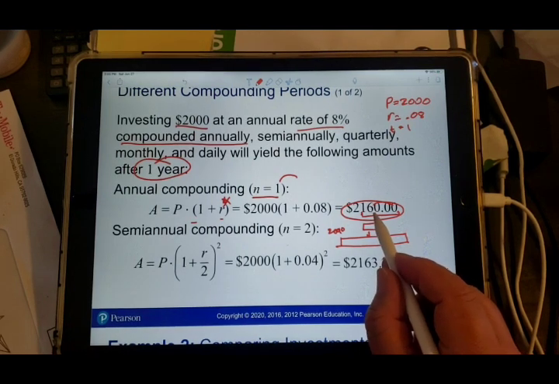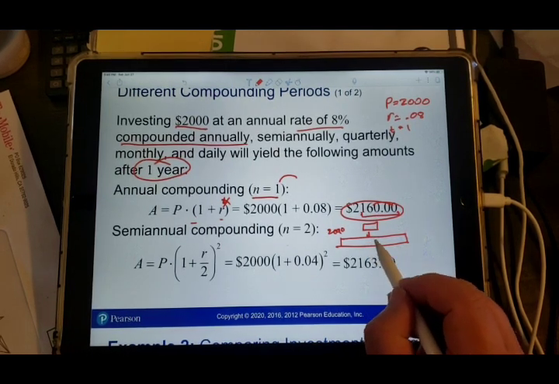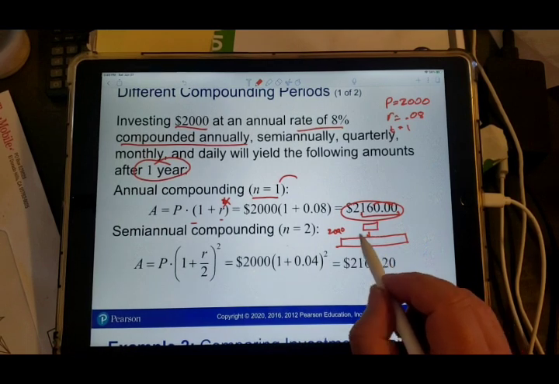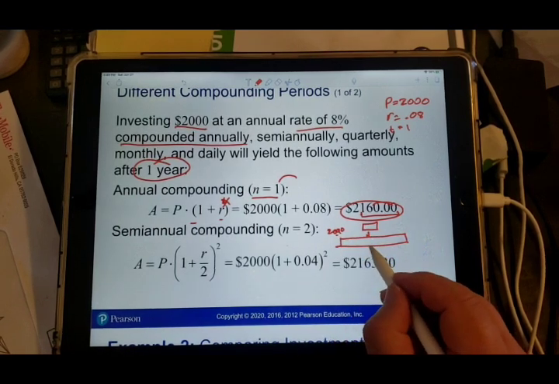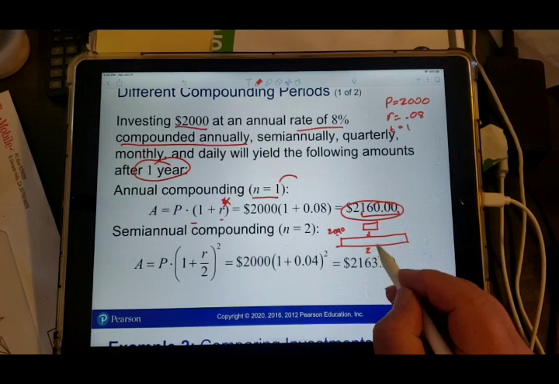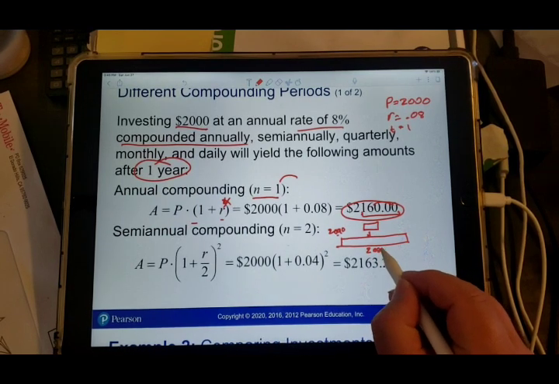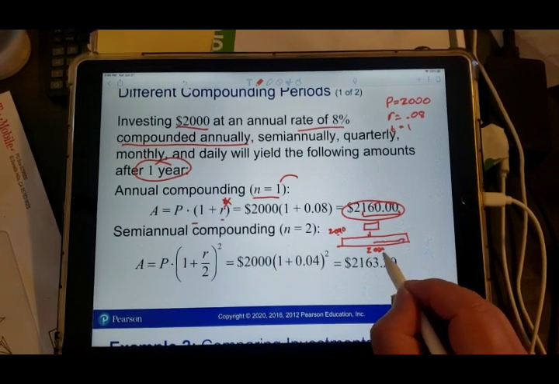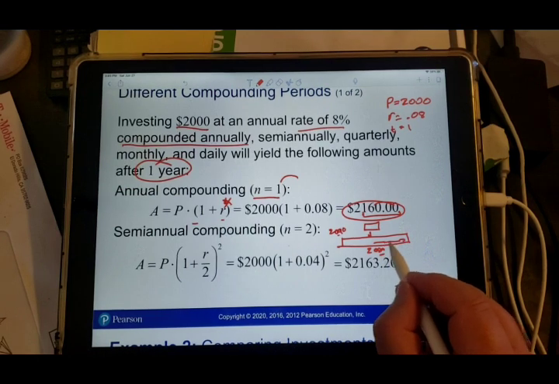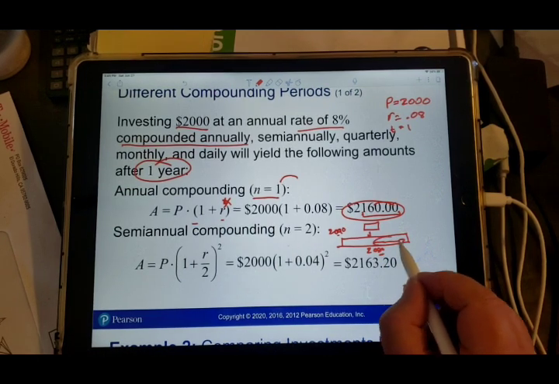It would be exactly half of what you got here, so $80 would go in there. And then for the next 6 months, your new amount of money, $2,080, will be earning interest. So that little extra $80 is earning interest all this time for 6 extra months.